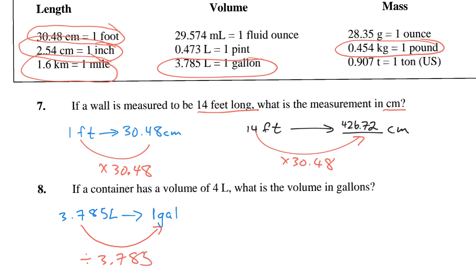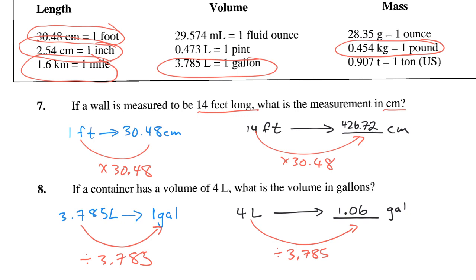So now we're going to do the same for the second half of the problem, where we know we have 4 liters, and then we're going to divide it by 3.785 to get our volume in gallons. So we have something like this to start, and then we say that we're going to translate it. So we're going to divide both. We're going to divide it by 3.785 to end up with 1.06 gallons.